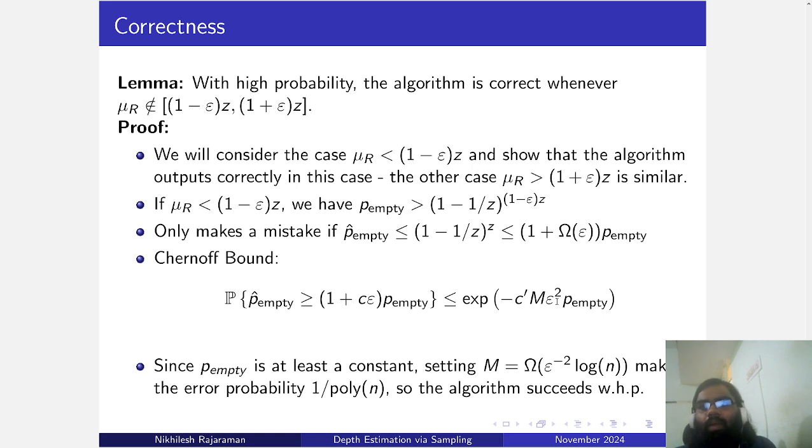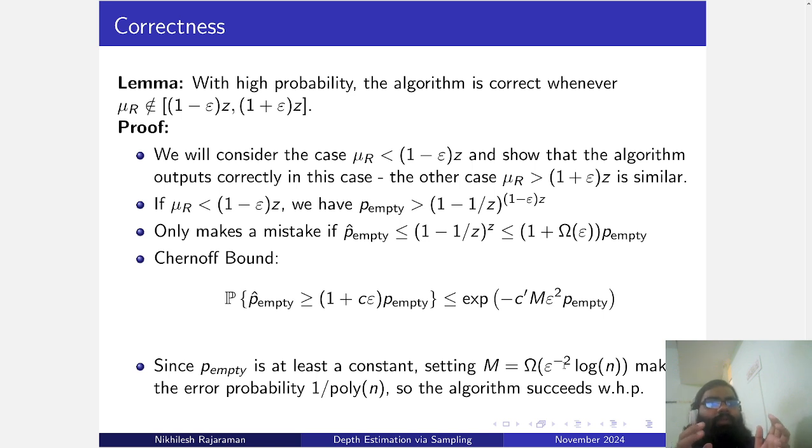So this error probability just becomes 1 by some polynomial in n, which is very small. That's the key idea here. What we've shown is that when we set m to be order of log n by epsilon squared, our error probability is 1 by polynomial in n, and so our algorithm is going to succeed with a very high probability that's close to 1.